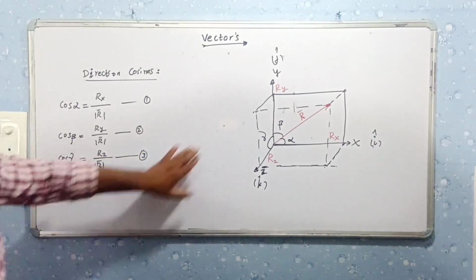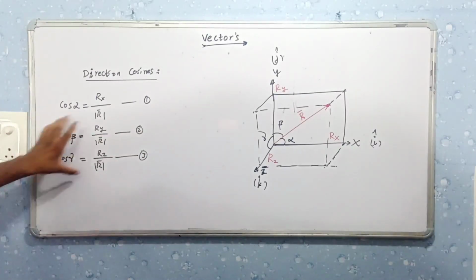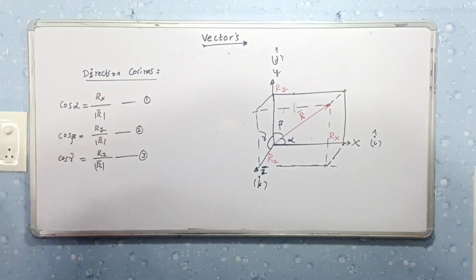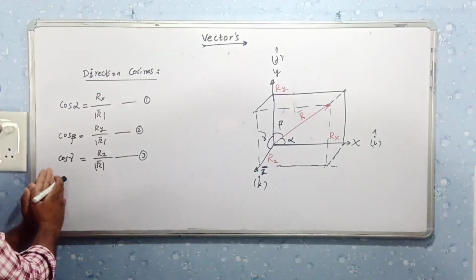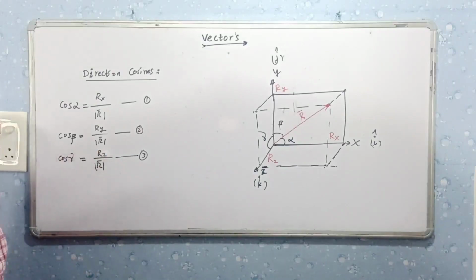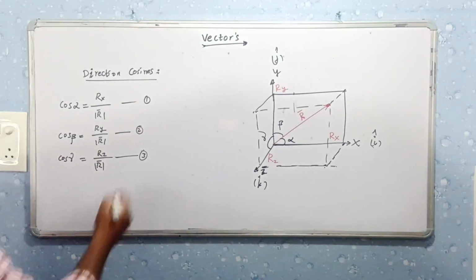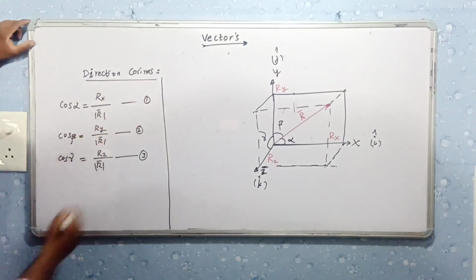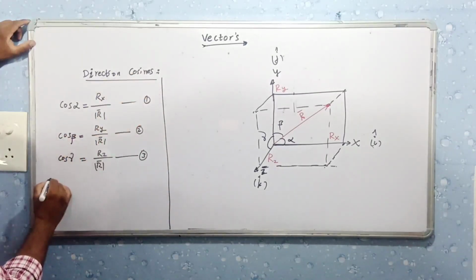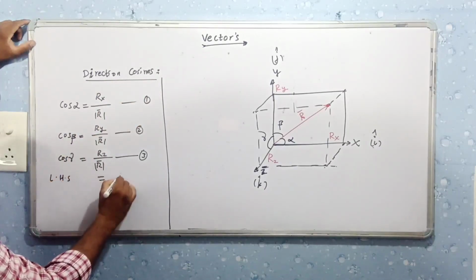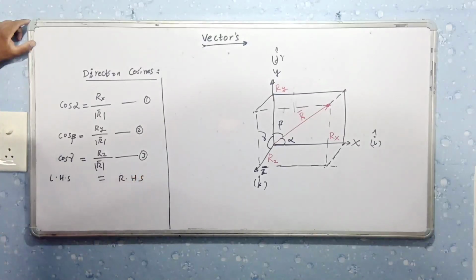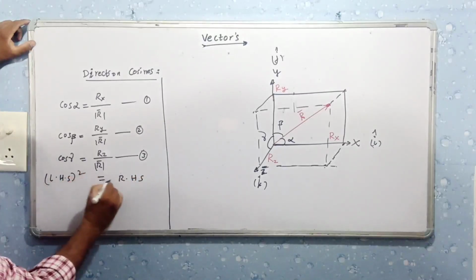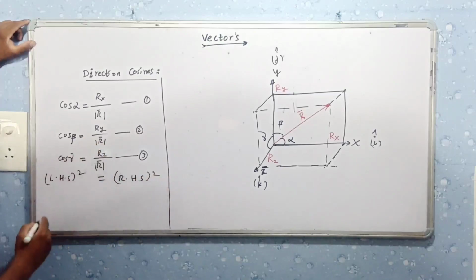If we square and add these three equations, both LHS as well as RHS, we will get the direction cosines formula. First square LHS, that equals RHS squared.